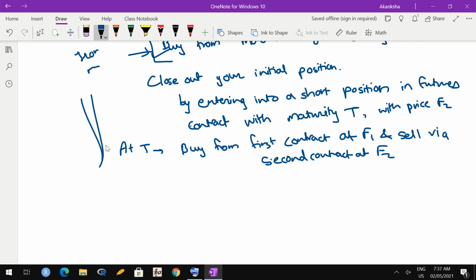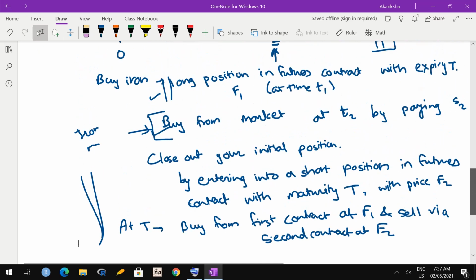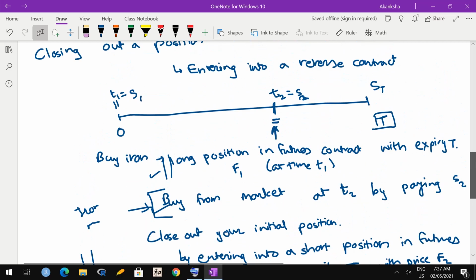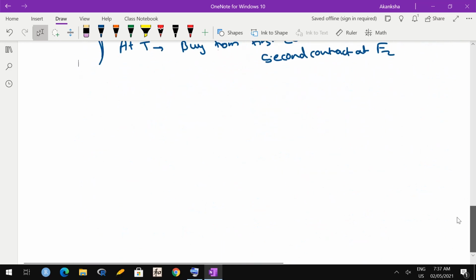Okay, is it okay? So let me now deal with the same example but in slightly more detail. So now we'll introduce the notations and we'll try to formalize the argument, assuming the concept is clear. Is it okay what we are doing? So closing out means we are taking opposite position. Okay, so we are entering into the reverse trade.